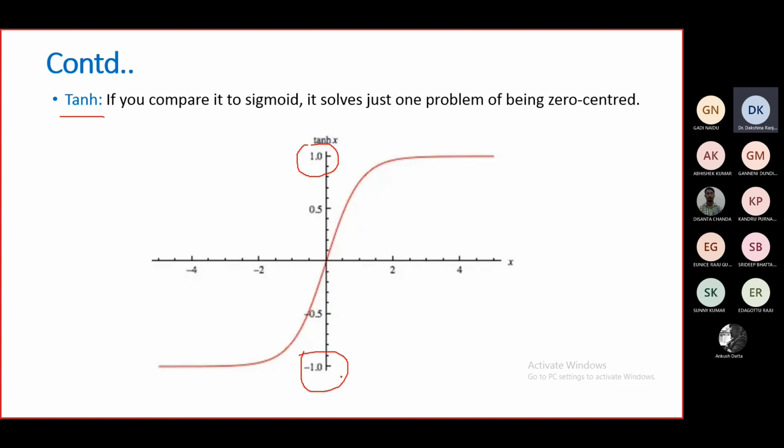So this is the range of the output generated by the network. Okay, -1 to 1 is the range of the tanh activation function, and it is called zero-centered because the function passes through the origin.